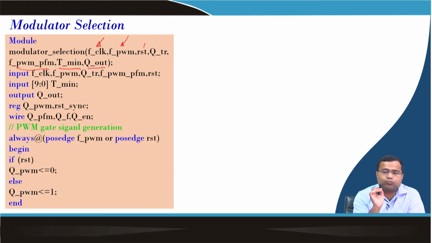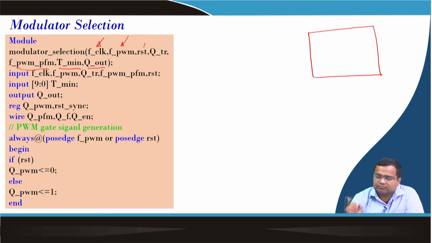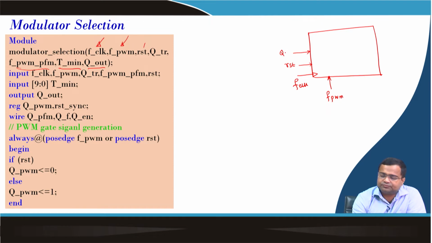This is a comment, and the output of this block is Q. So this modulator selection block has the high frequency clock F clock, then it takes F PWM, then a reset, then QTR that is coming from the voltage comparator, a select line for PWM or PFM, and the minimum on time, which is a vector quantity. Its output is Q out.